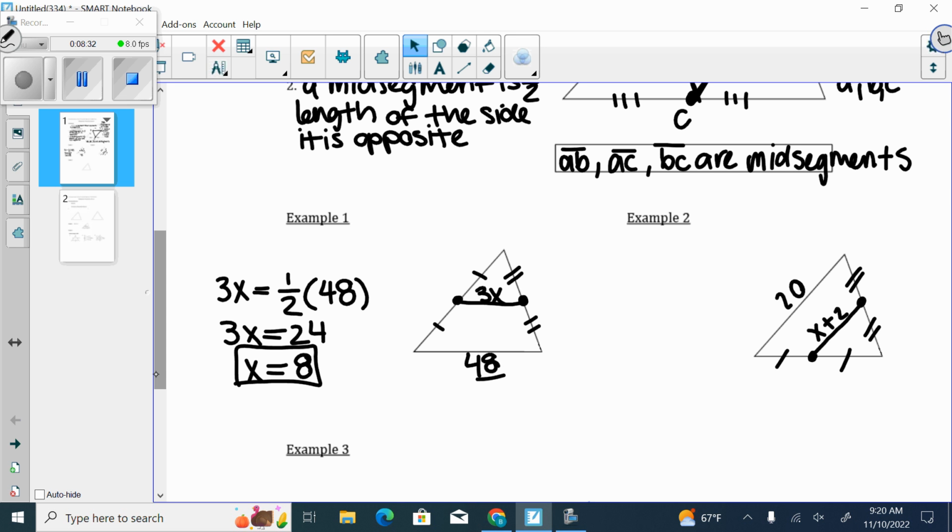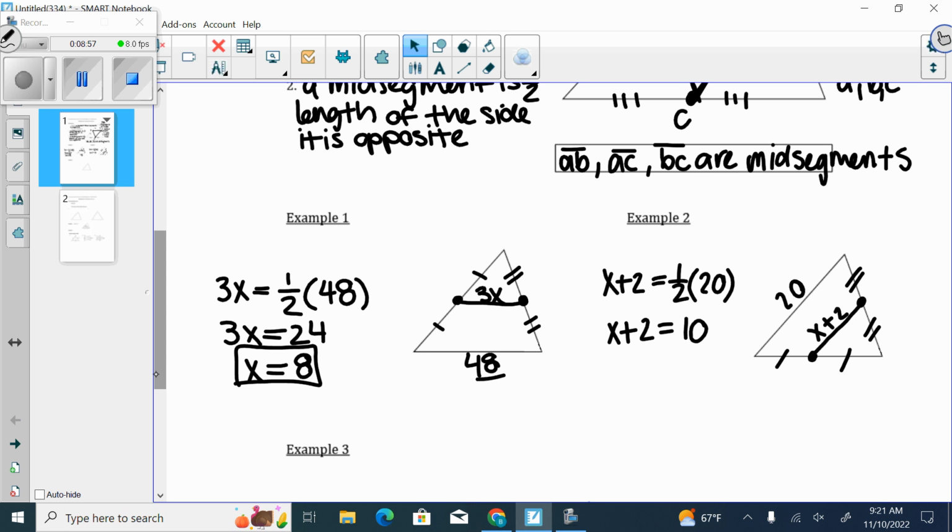You could do that. Or we also could half the 20. Either one works, okay? So if I half my long side, I just have that x plus 2 is equal to 10.